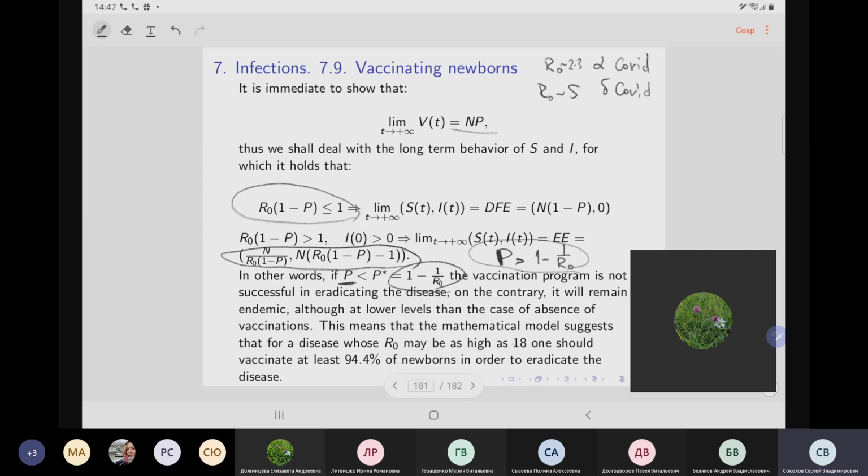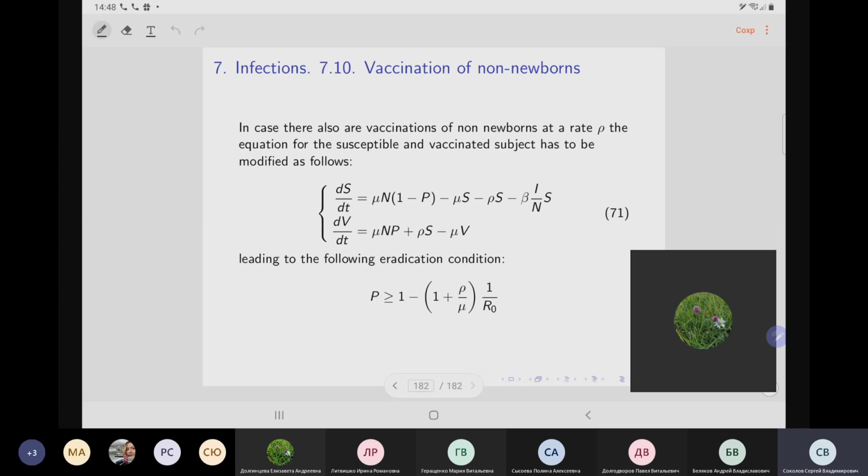If R0 is 18, then you have to vaccinate 95% of the population to fight the disease. And we know that there are a lot of anti-vaxxers who are against any type of vaccination. And that's the main problem: a small number of anti-vaxxers quickly decreases all the effect of our vaccination program.